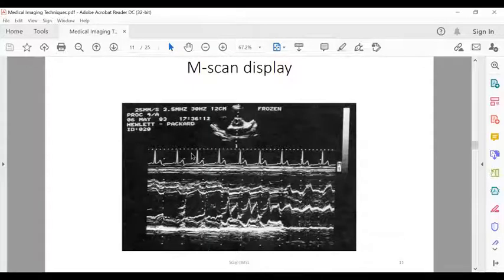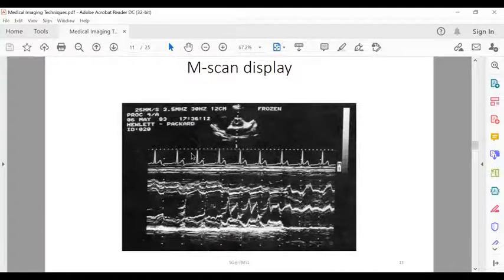Here the transmitted pulses trigger the oscilloscope sweep, but the received pulses are used to increase the brightness of the trace instead of controlling the vertical deflection, which happened in the A scan display.